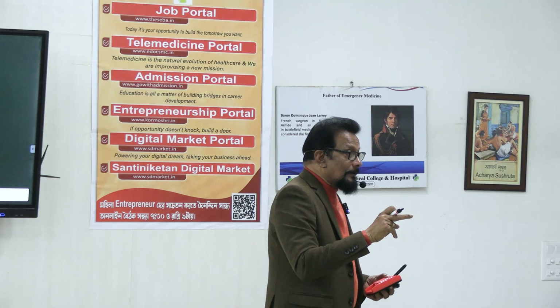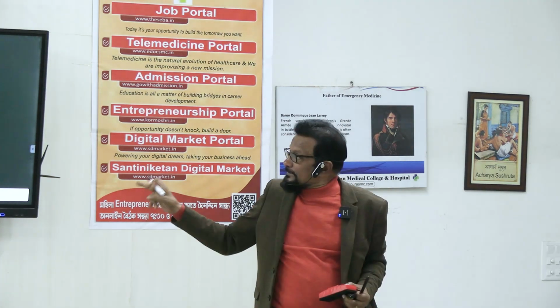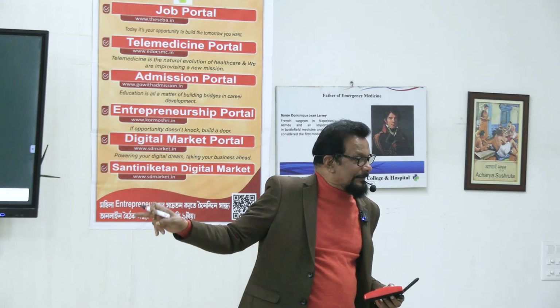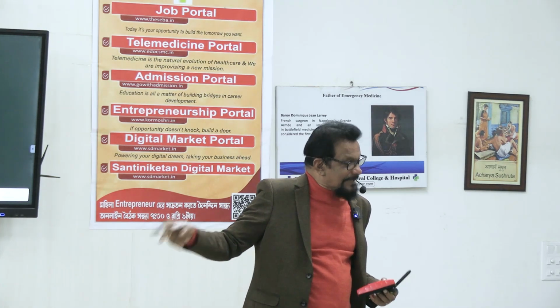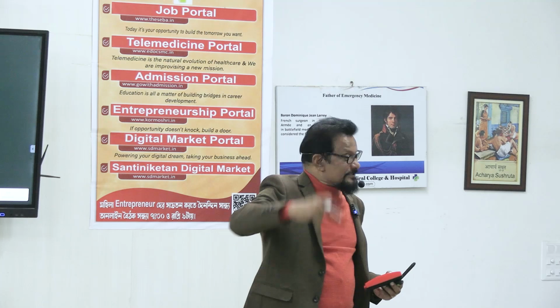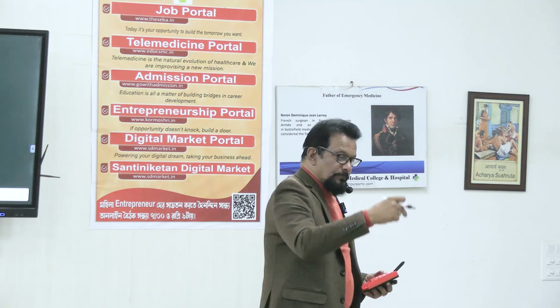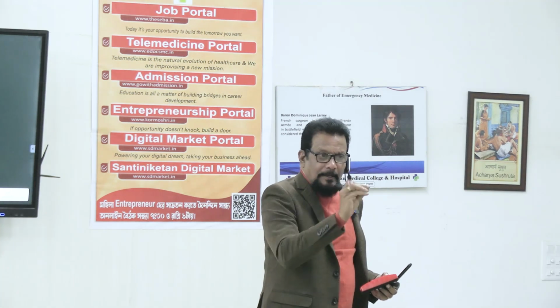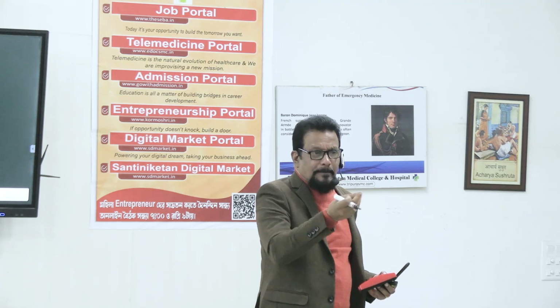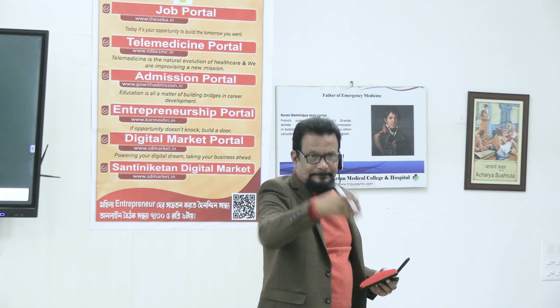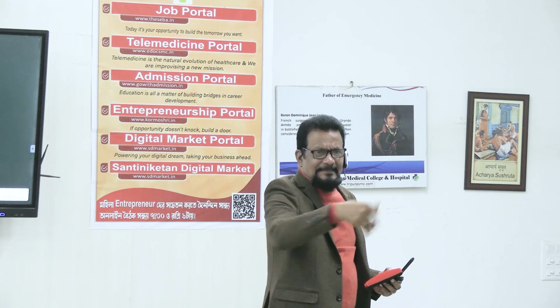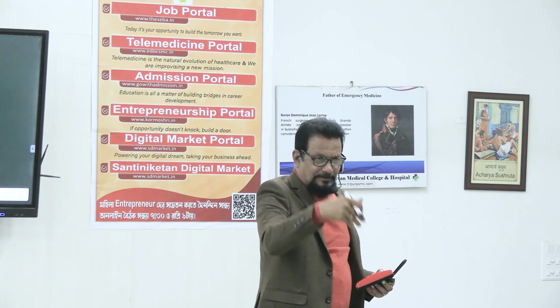Now the question is, what is EPP? EPP, end plate potential. These potential changes are happening in the end plate. This is the end plate, so potential is developing here. Suppose the amount of acetylcholine secreted is less.